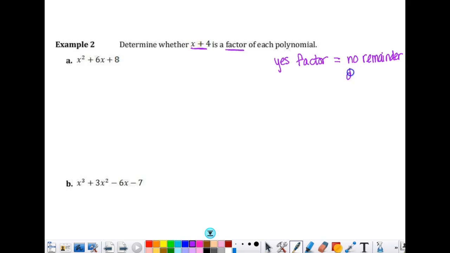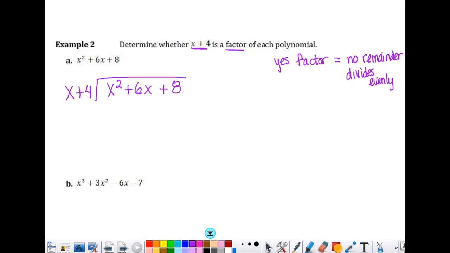So if we get a remainder, then we go, well, it's not a perfect factor. Okay, so we're saying x squared plus 6x plus 8 divided by x plus 4.